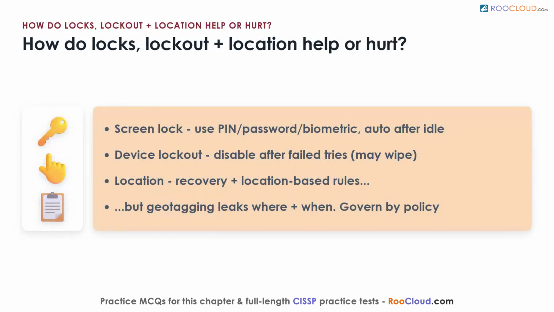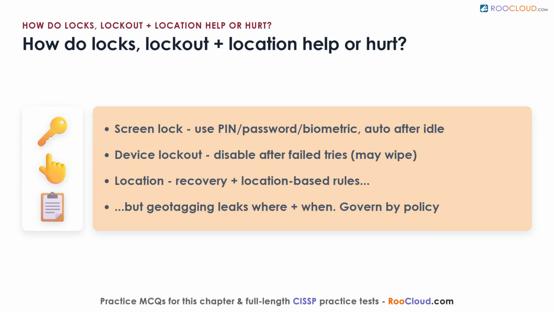How do screen locks, lockout, and location services help or hurt? Screen locks stop a casual passerby, but only if you move past easy swipes and patterns to a personal identification number, password, or biometric, and set them to trigger after idle time. Device lockout adds teeth by disabling access after repeated failed attempts, sometimes with growing delays or even a full data wipe, so know the exact behavior before you ever guess a code.